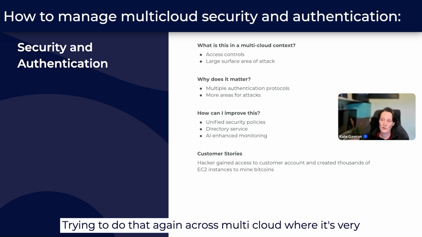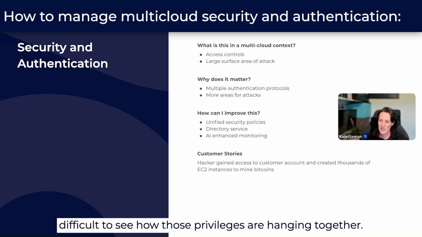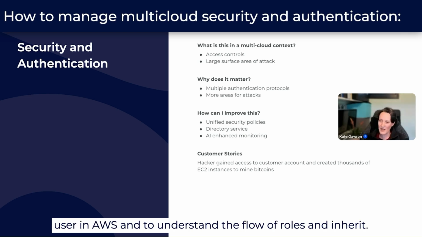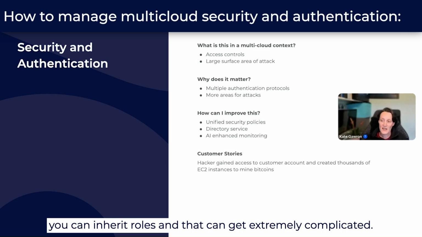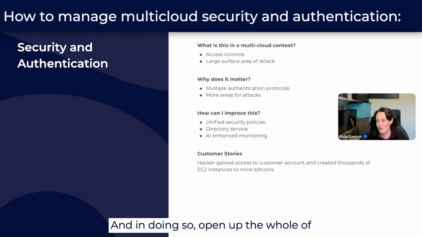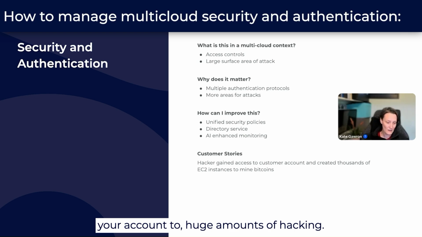Trying to do that across multi-cloud is very difficult, as it's hard to see how those privileges are hanging together. It's quite hard sometimes to map a user in Azure to a user in AWS and to understand the flow of roles and inheritance. You can inherit roles, and that can get extremely complicated. And it's extremely easy to make what is really a simple mistake, and in doing so open up the whole of your account to huge amounts of hacking.